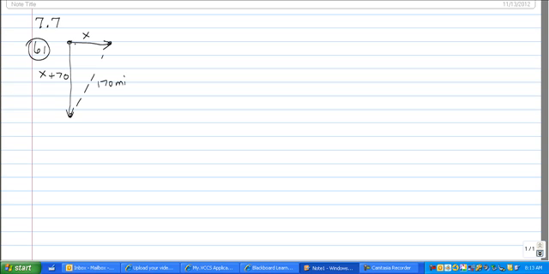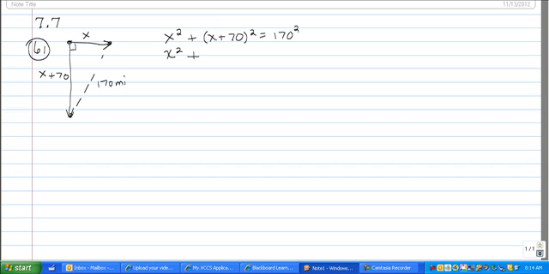And we can use the Pythagorean theorem because we have a right triangle. Sum of the squares of the two shorter legs is equal to the square of the hypotenuse, or the side opposite the right angle. I'm going to go ahead and multiply this out.